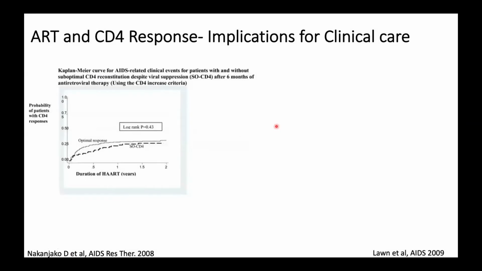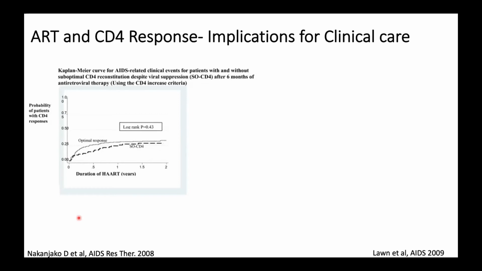And going back to the question of ART and CD4 response, there are obviously implications for clinical care. If you have a huge population of individuals who are started on ART, especially when they have advanced HIV disease, and you begin to have a greater proportion of them with these suboptimal CD4 responses, what are the implications on clinical care?